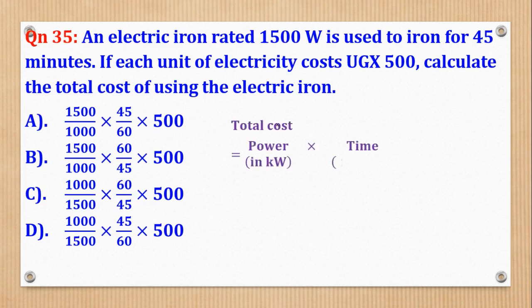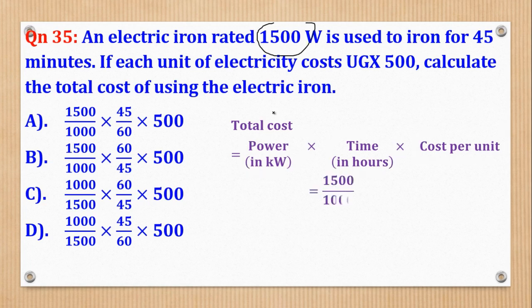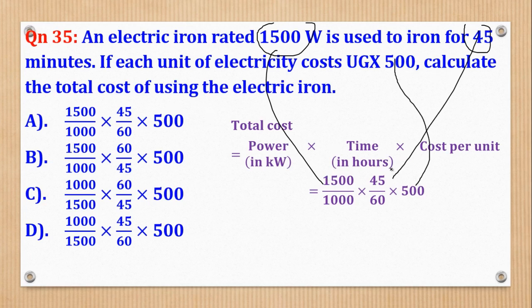So we know the formula that total cost is equal to power in kilowatts times time in hours times the cost per unit. So we are going to substitute, convert this watts to kilowatts to give you this. Convert these minutes to hours to give you this. And this is the cost for each unit.